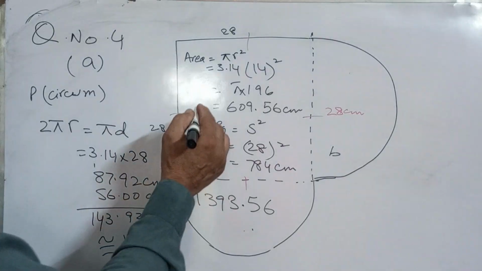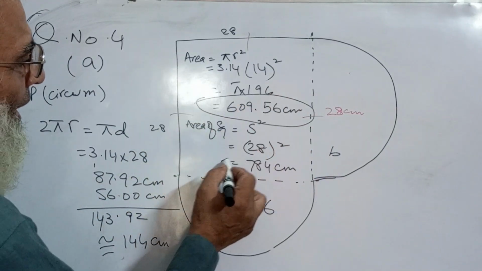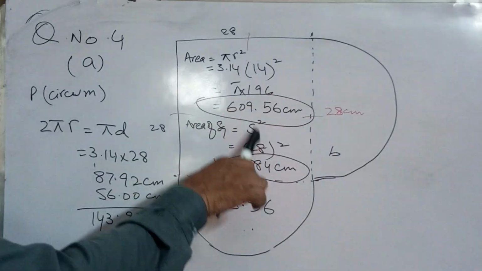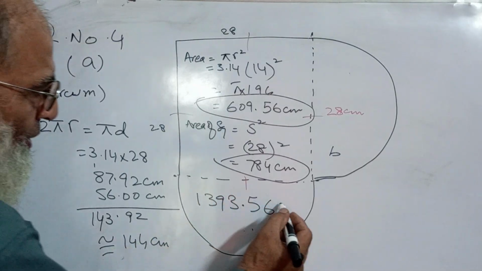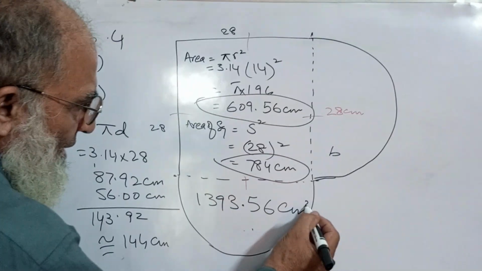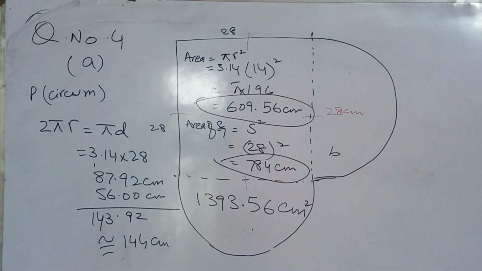Okay, we have added this figure and this figure. By adding these two, we get this figure. And since this is area, it will be written in centimeter square. So let me check the answer now. So the answer is correct. He might have written it in significant figures.